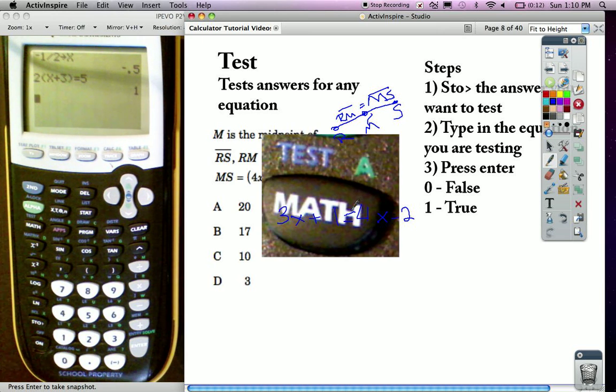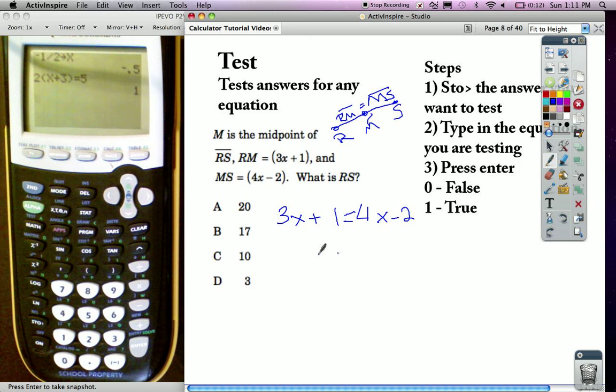And it's up to you. I'm going to ask you to pause right now and either solve this equation or test the answers. Okay, so let's see if you got the correct answer.